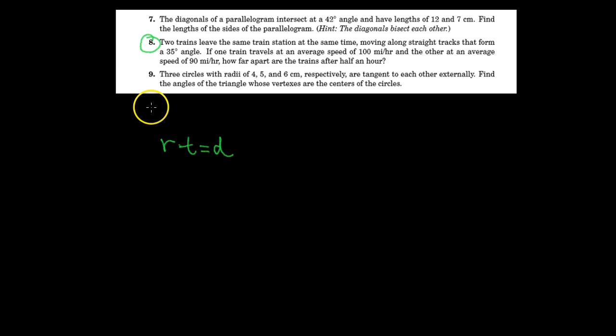So we have one train whose rate is 100 miles per hour times 1/2, and I'm doing the hours on the top because they travel for half an hour. Hours cancel, cross that off. That gives you 50 miles that that train has traveled. That's just rate times time equals distance. This is R, this is T, this is D.